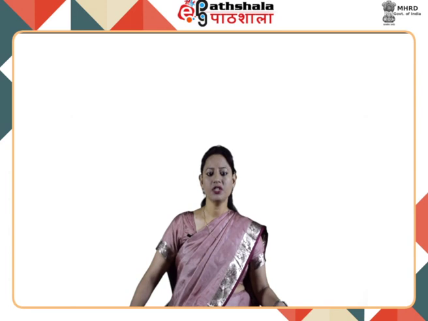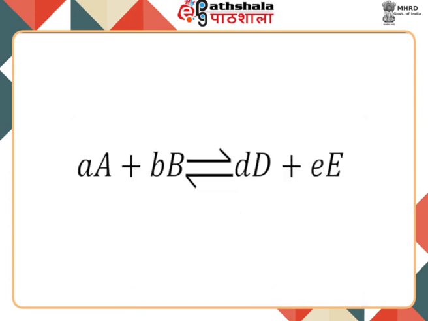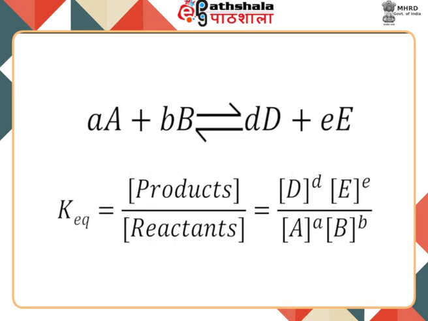The rate of reaction K and the kinetic energy required for activation of the reaction determine how fast any reaction reaches equilibrium. For a reaction A plus B giving D plus E, with small d and small e as the stoichiometric coefficients, the K equilibrium can be given by the concentration of products divided by the concentration of reactants.